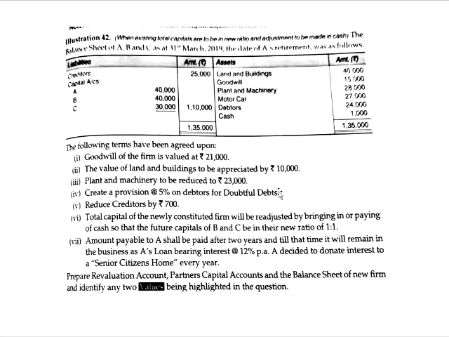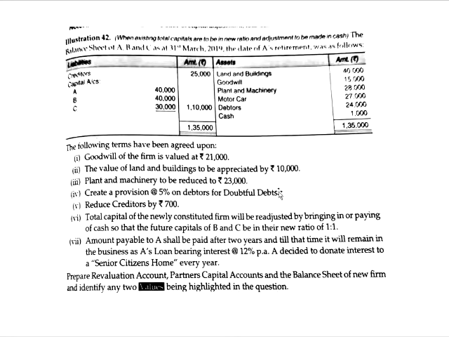Fifth, reduce the creditors by 700. Now the sixth, the total capital of the newly constituted firm will be readjusted by bringing in or paying off cash, so that the future capital of B and C is in their new ratio of 1:1.